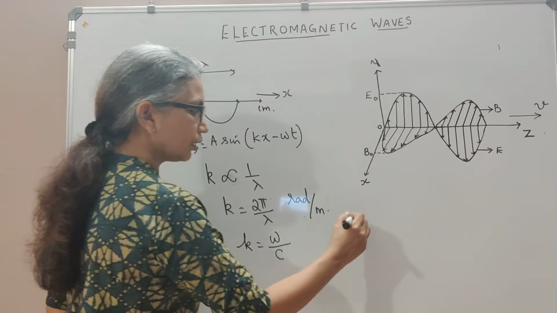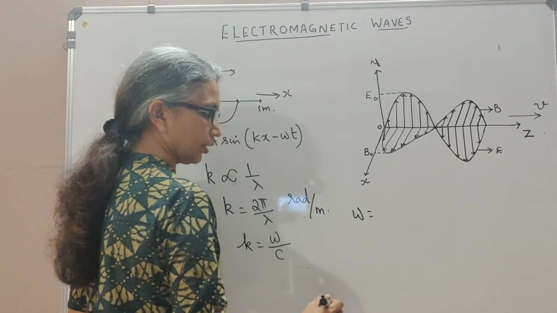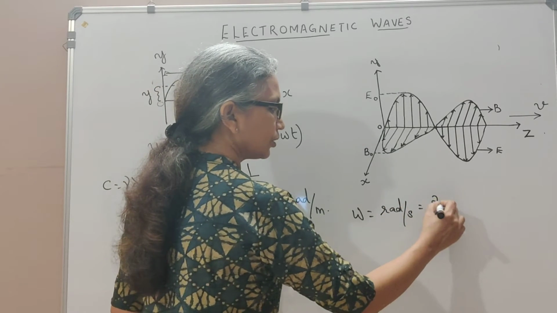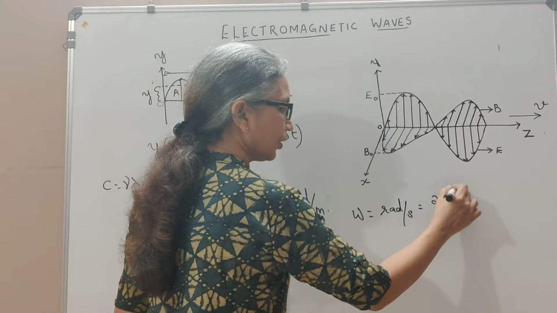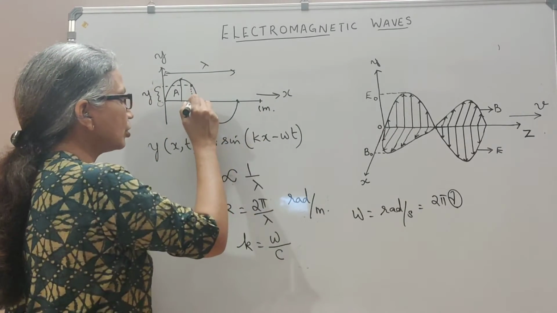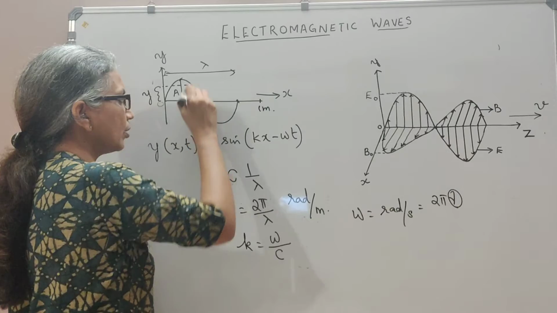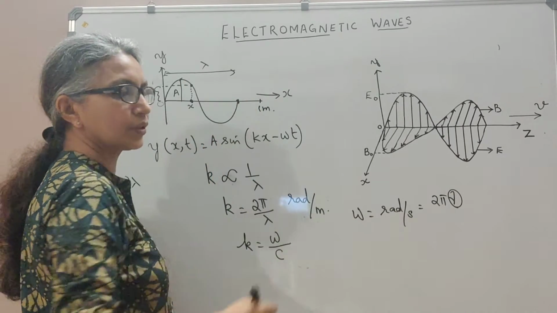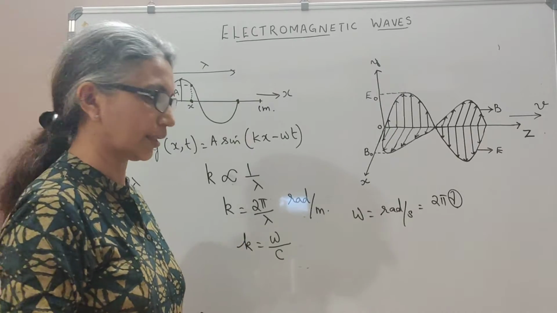Also, this omega, you know, is the angular frequency in radian per second, which is equal to 2 pi nu, where nu will be in hertz. This nu is the number of oscillations that this particle will make in 1 second. It's also the number of waves that will cross a particular point in the medium in 1 second.